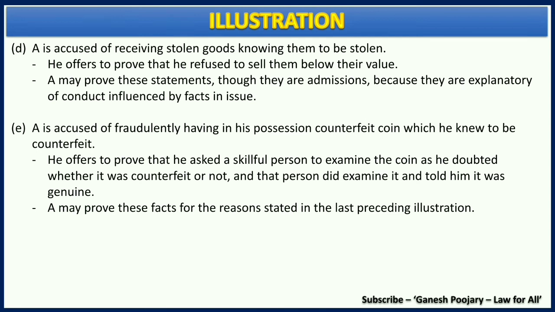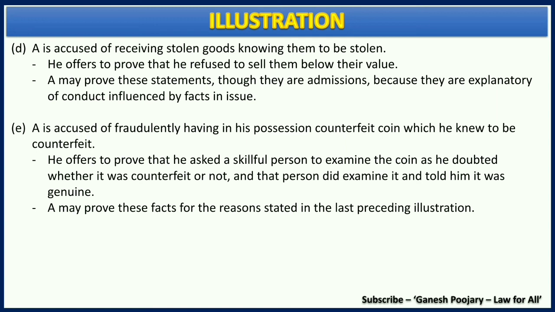The last illustration is the case of fraudulently having possession of a counterfeit coin, and here A is the accused. But A, on the contrary, says that he has taken such counterfeit coins, whatever is the fact in issue, to a skillful person who has examined such coins and beyond any doubt said that it is not a counterfeit coin.